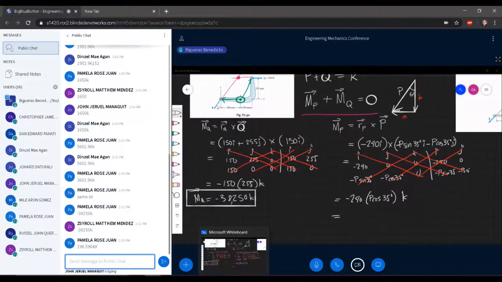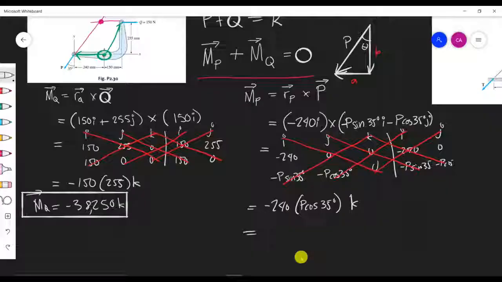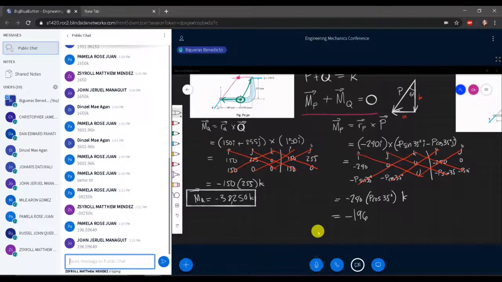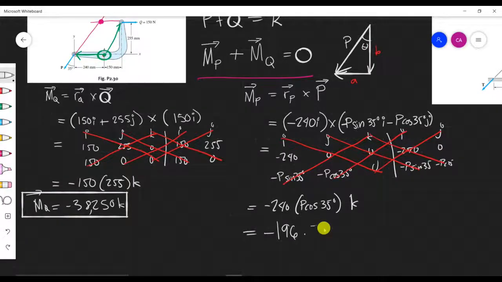196.59649. So, negative 196.59649 K. Okay, negative. Bakit kamo negative? Kasi pa-rotate pa kabila. Tama ba yun? Hindi. Teka. Positive pala siya dapat. Bakit?